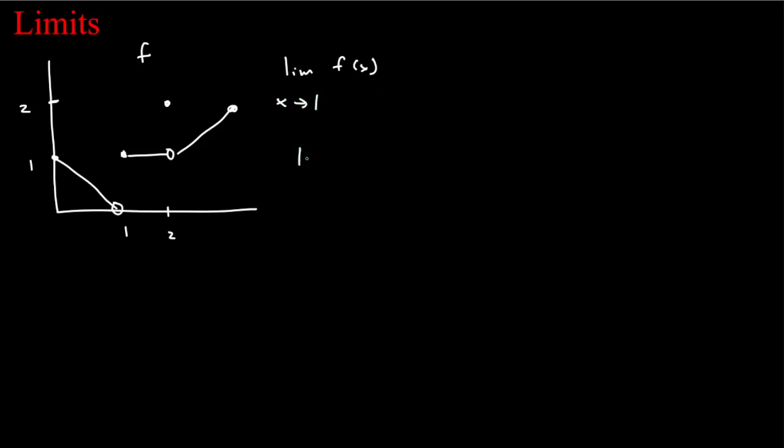Now, the limit of f of x as x tends to 1 from the positive side, the right-hand limit of this, is 1, right? Because when we're approaching from the right hand, this is around 1. And we know that the limit of f of x as x tends to 1 from the left-hand side is 0, right?